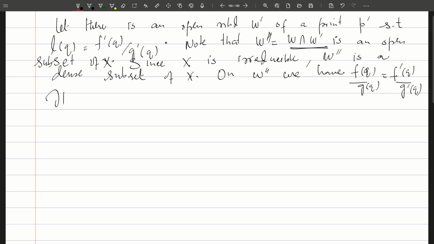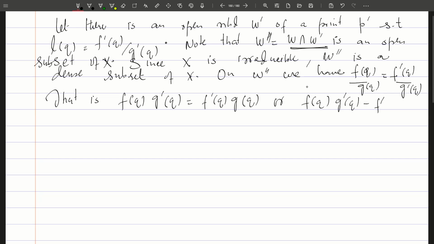That is, F of Q times G prime of Q is equal to F prime of Q times G of Q, or F of Q G prime of Q minus F prime of Q G of Q is 0, and hence F times G prime minus F prime times G is a zero function on W double prime.